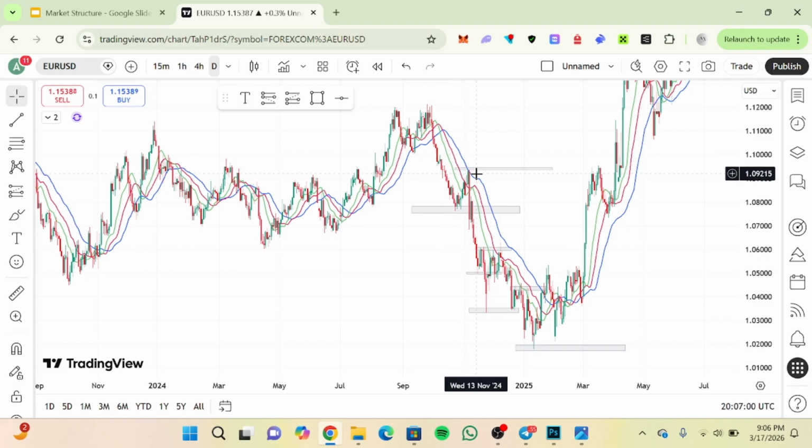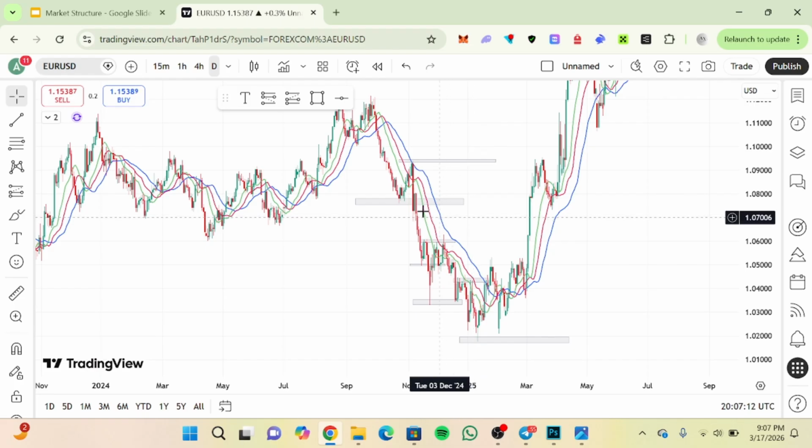Now for this downtrend, price moved up, came down, moved up briefly again at this point, and continued down. So this was a continuation of trend because this was the lowest point in the market. But price broke below it, went up a little, and started coming down. So it means that the trend continued.